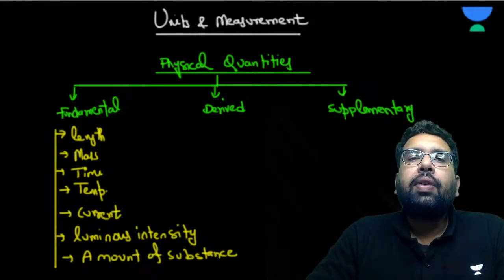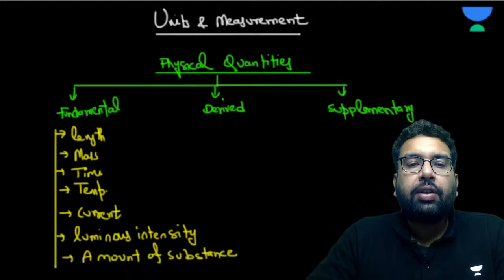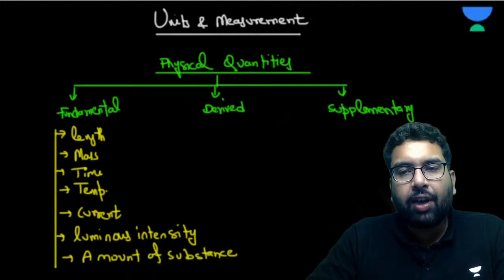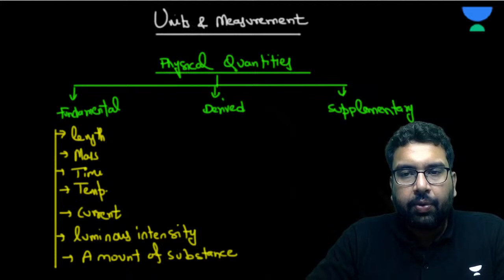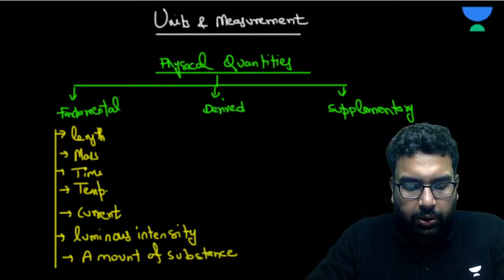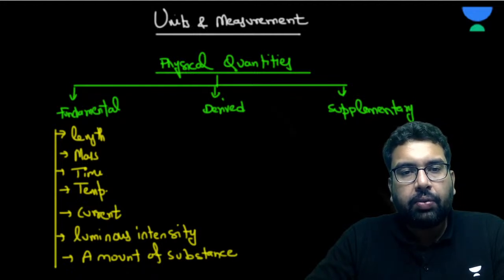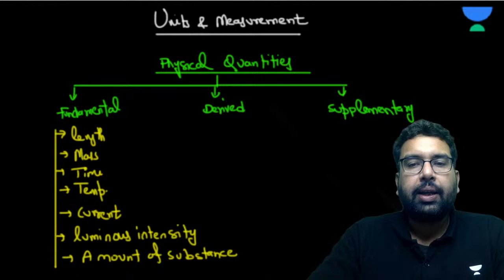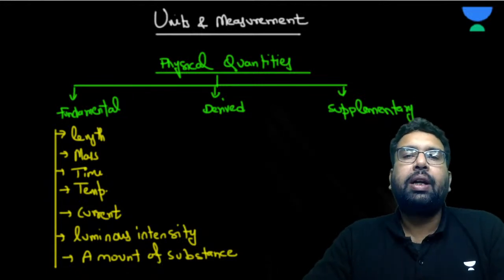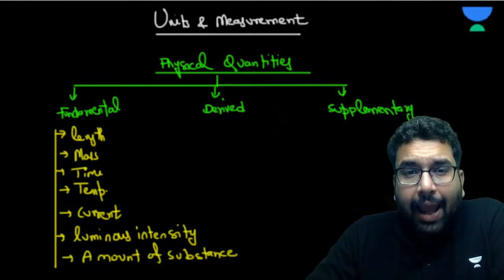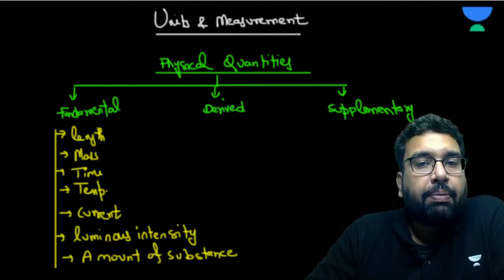Like if I talk about the English language, what are the fundamentals of the English language? We have 26 alphabets, and using those alphabets, we make the whole English language. Similarly, this is what we mean by fundamental quantities. A fundamental quantity is something using which any physical quantity can be made.